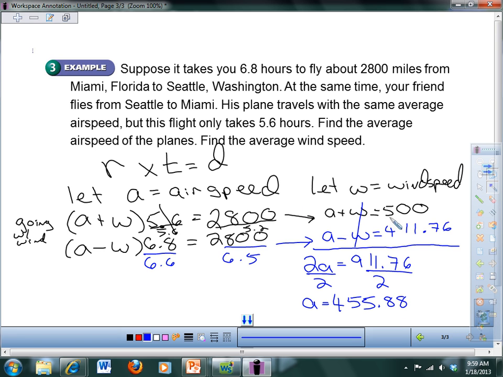And since A plus W equals 500, then I could just take that A and plug it in there, and I would get that the wind is about 44.12. Is that right?